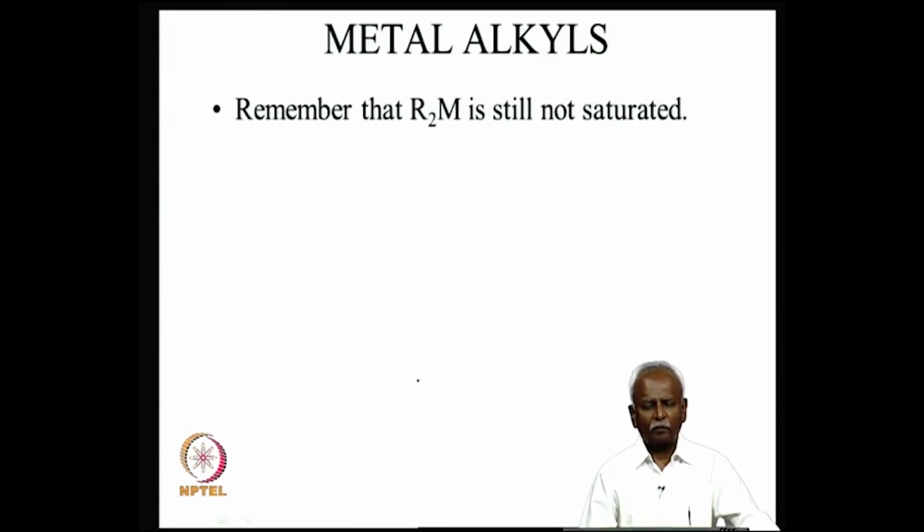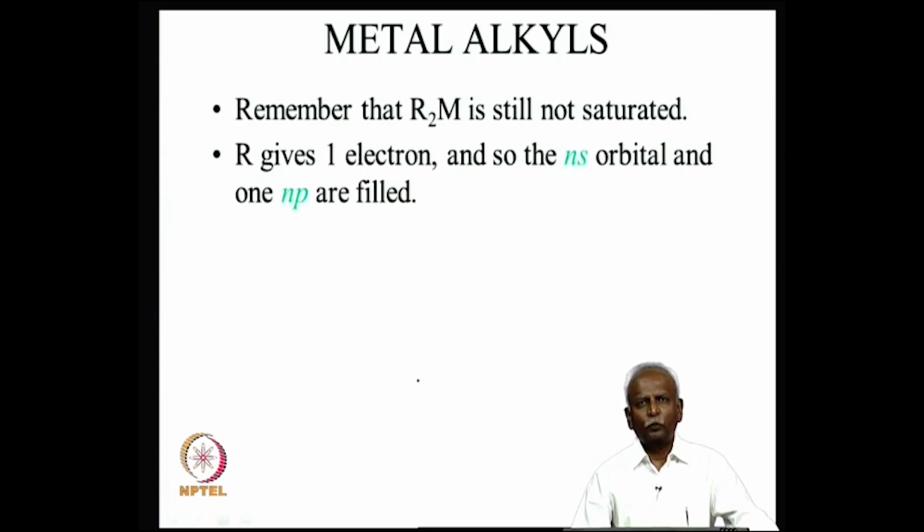So, remember that although we write the metal alkyl species as R2M, it is still not a saturated species. If you remember the electron counting that we did, R gives 1 electron in the neutral method, and so if you have 2 of these, you cannot have a totally filled set of orbitals, because 2 np orbitals will be vacant if we occupied the s and the p orbitals with the 2 electrons that came from the R groups, and the metal itself has got 2 electrons in group 2.